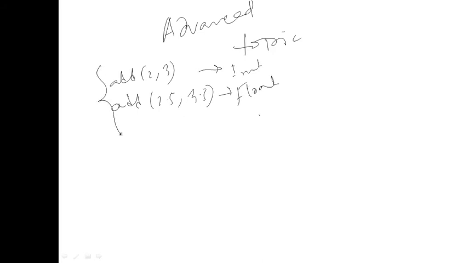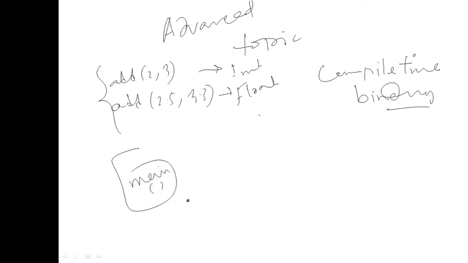We discussed polymorphism, and we discussed that when you call add 2 comma 3, the integer version will be selected. When you call 2.5 comma 3.5, the float version will be selected. These are done at compile time. Compile time binding means that from main you know which version to call at the time of compilation.